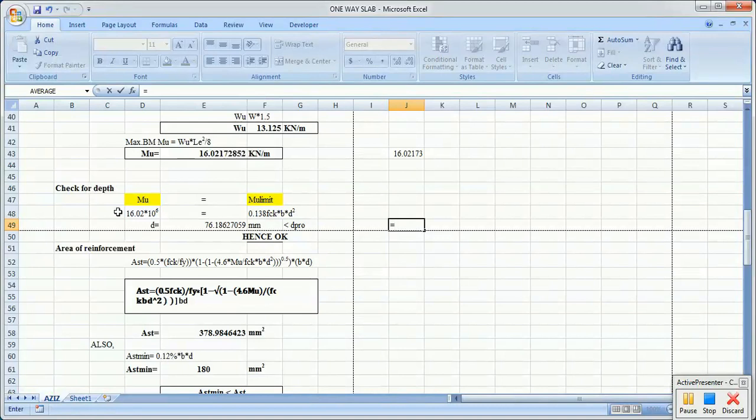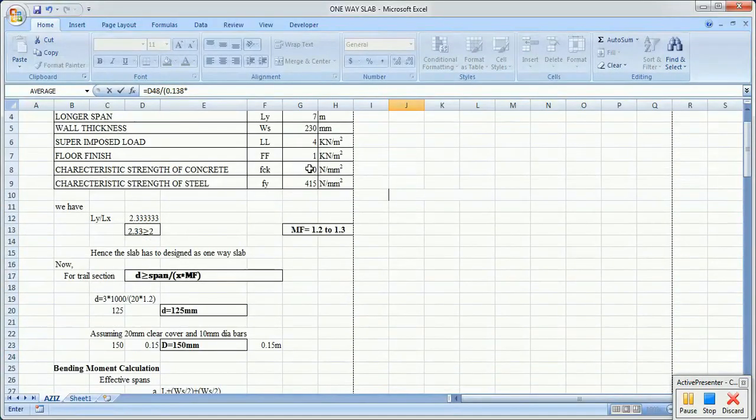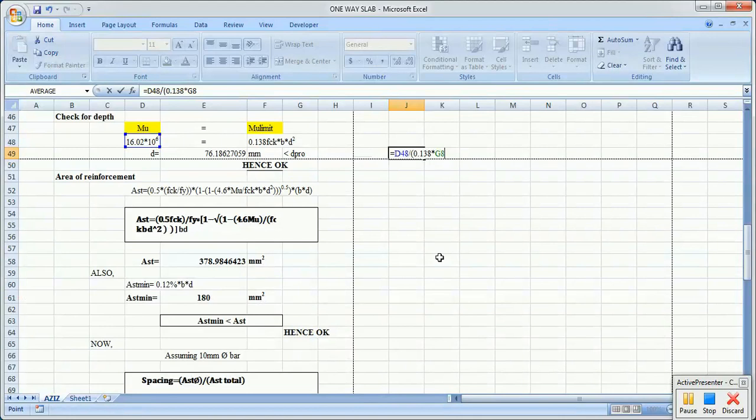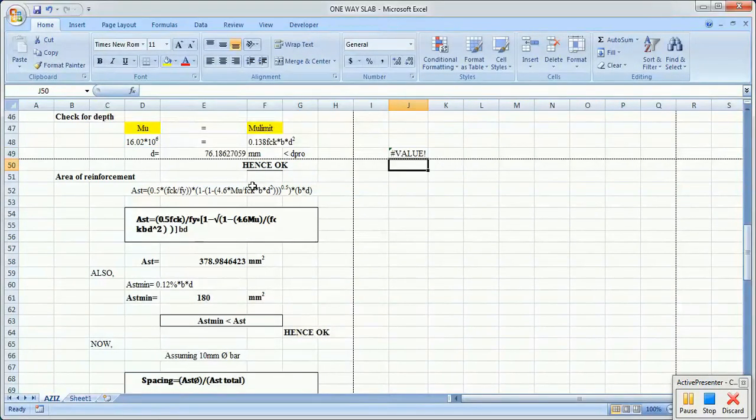So that is Mu is this divided by, shift, 0.138 into fck is 20, 0.138 fck, shift, b is 1000, bracket complete. You can put again bracket here and shift raised to 0.5. So we'll see whether we'll get the same answer. Well, we are getting doubt.